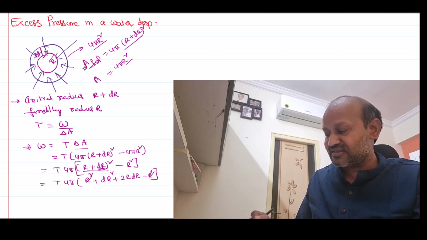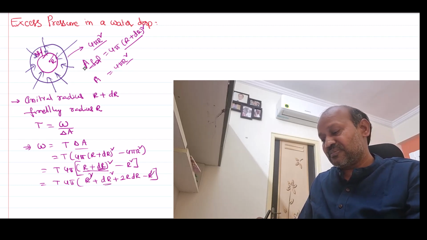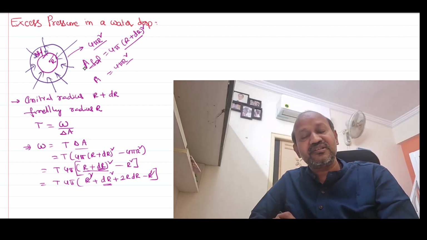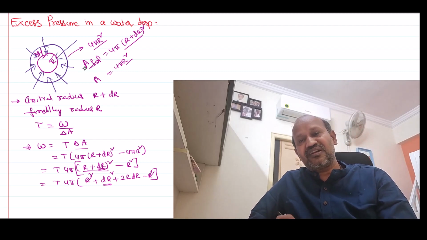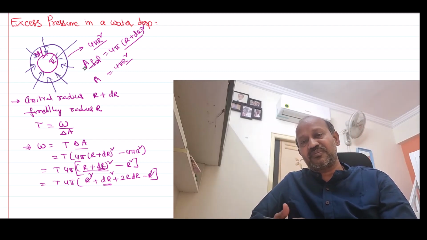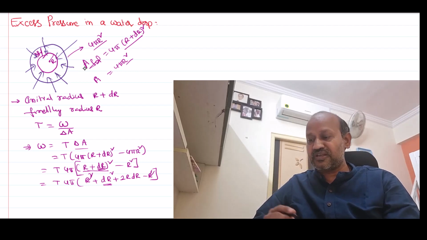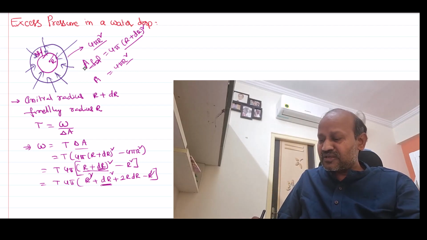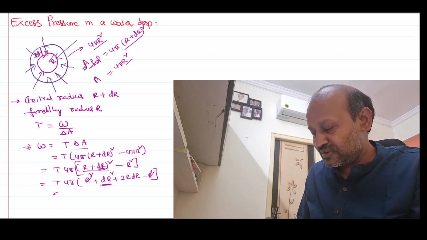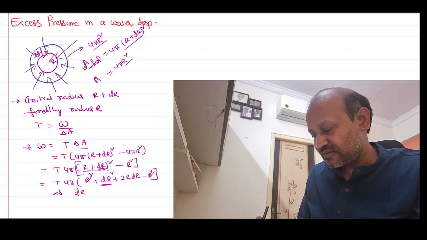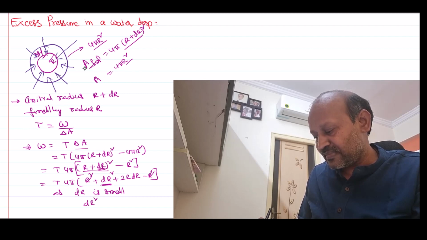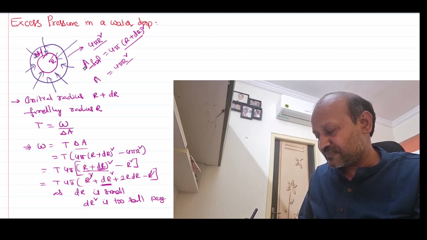This r square and this r square can be cancelled. The change in the radius that is happening is in micrometers, and the square of that, 10 power minus 6 whole square, becomes 10 power minus 12, and this value becomes too small. So as dr is small, dr square is too small, and that can be neglected.